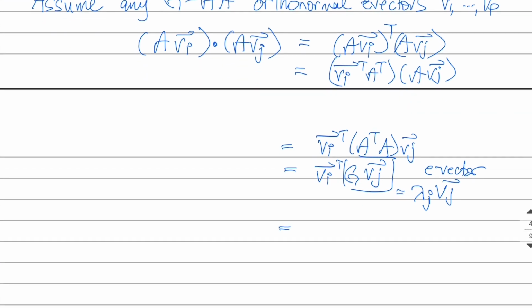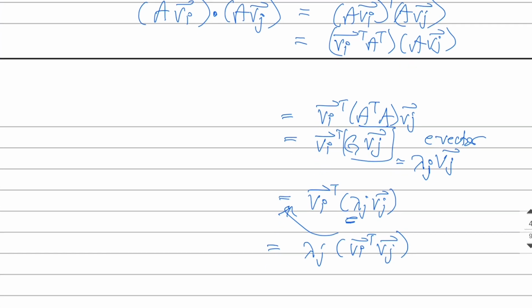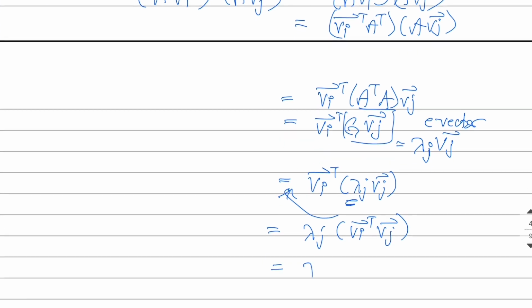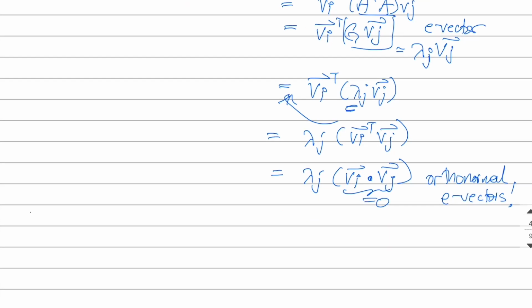So at the end of the day, this is going to be Vi transpose times lambda j Vj. This is a scalar, so I get to pull it out front. So I'll get a lambda j Vi transpose Vj. And we're almost here. So what this means is that I will now have one eigenvector dotted with the other eigenvector. And this is 0 because they are orthonormal eigenvectors.